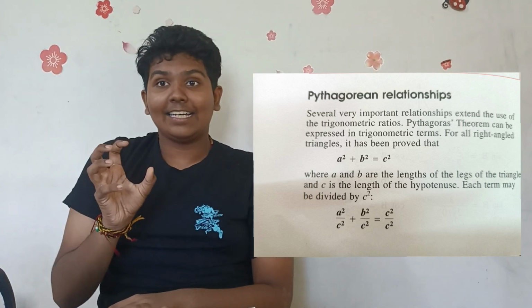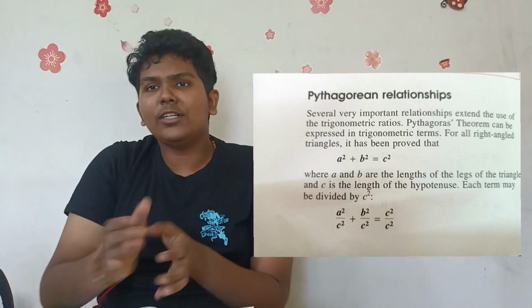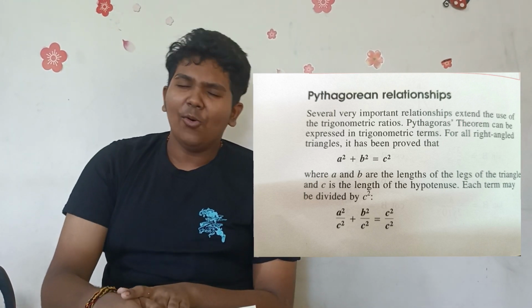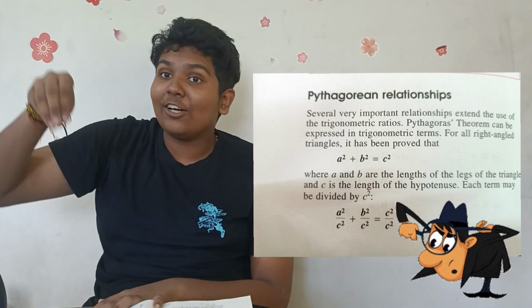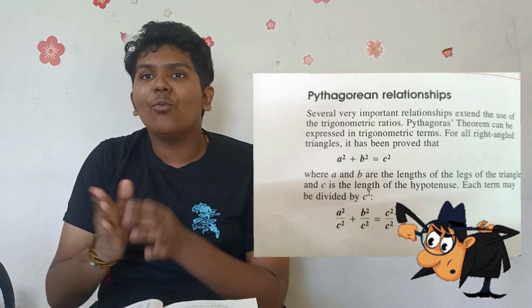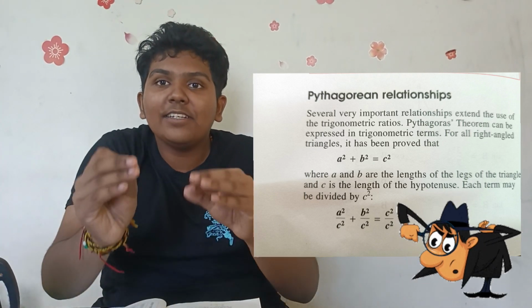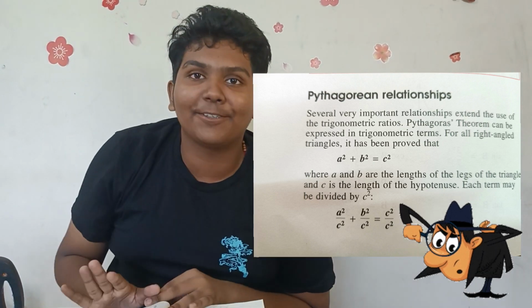Using this theorem, the Pythagoras theorem. What is Pythagoras theorem's relationship with the trigonometric ratios? What is their connection? That we're going to find out.